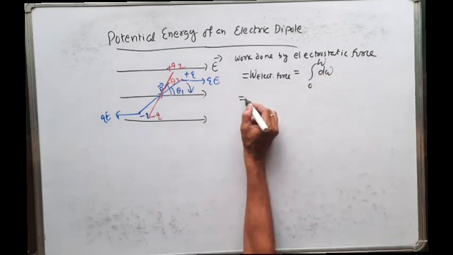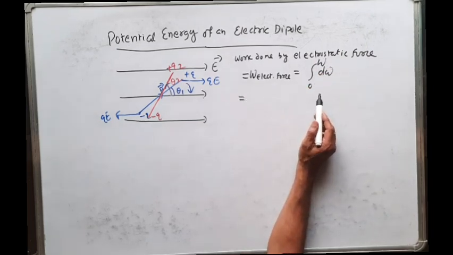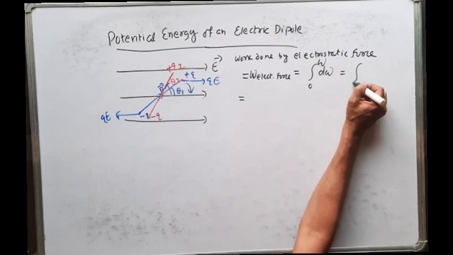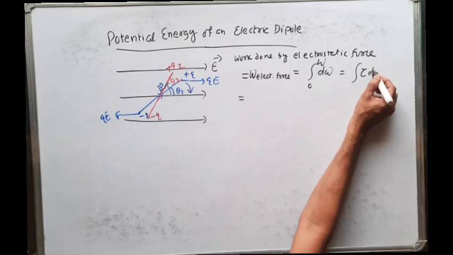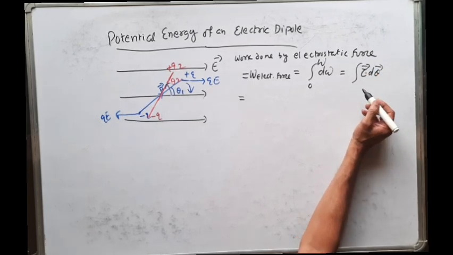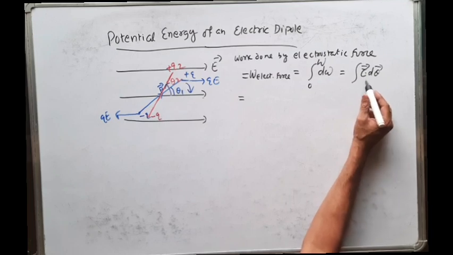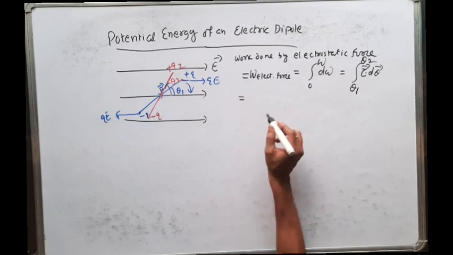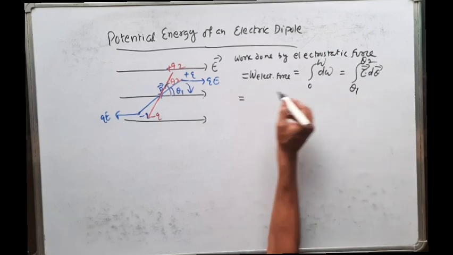In the linear case, work done is equal to F dot ds. In the rotational case, work done is equal to tau dot d theta. So this is the expression of the work done in the rotational case. Initial angle is theta 1, final angle is theta 2. So that is equal to tau dot d theta.